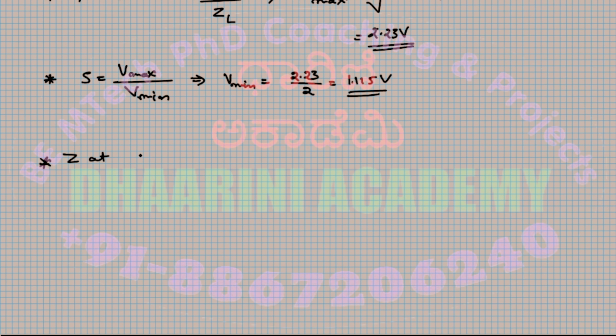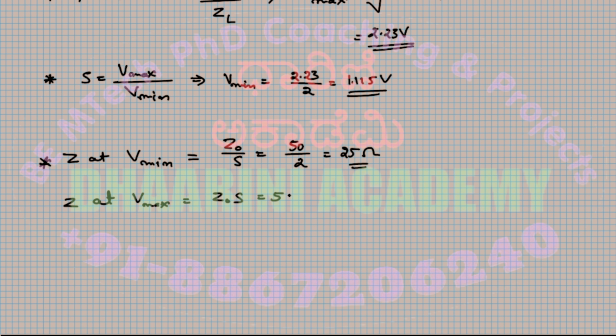So Z at V min is equal to Z naught by S. Because V min should have the minimum value of impedance. Z naught is given as 50, divided by S, which is 2, so that is 25. Similarly, Z at V max is equal to Z naught into S, so 50 into 2 is equal to 100.